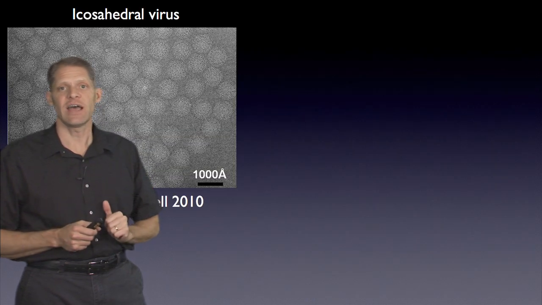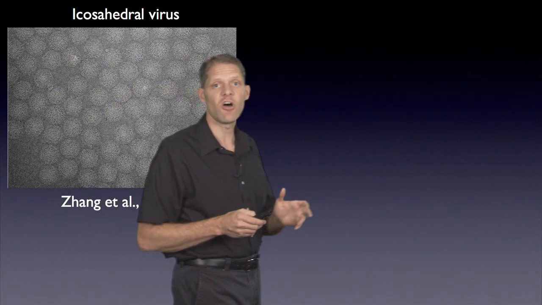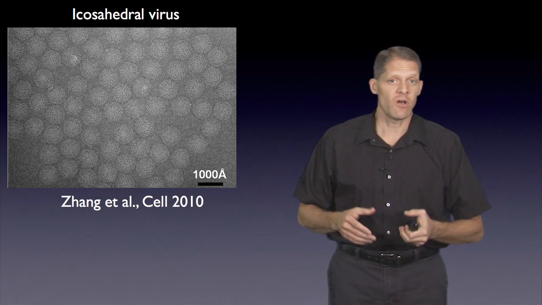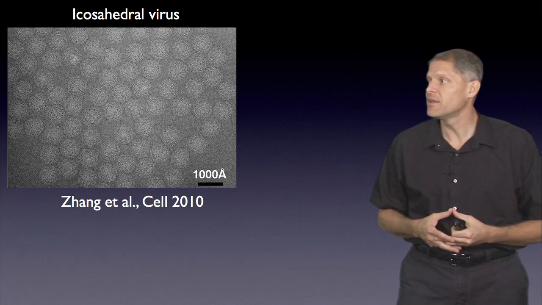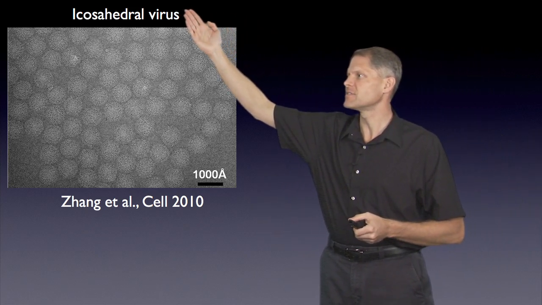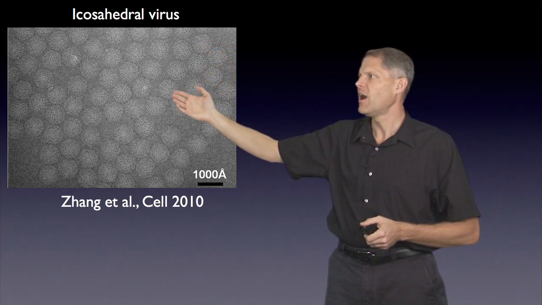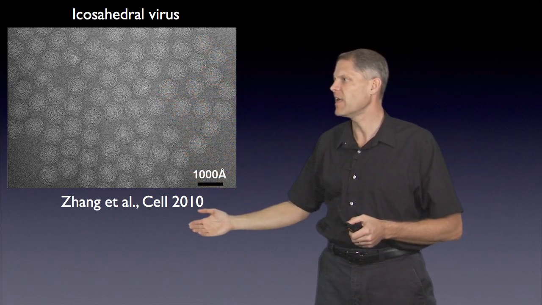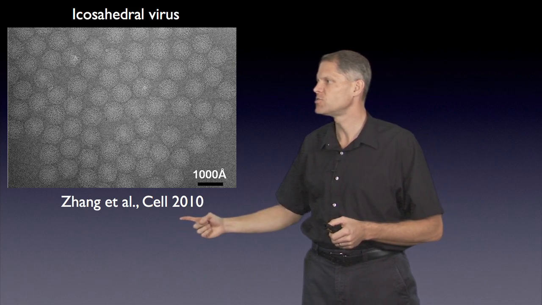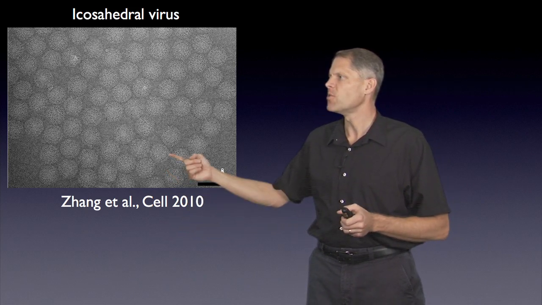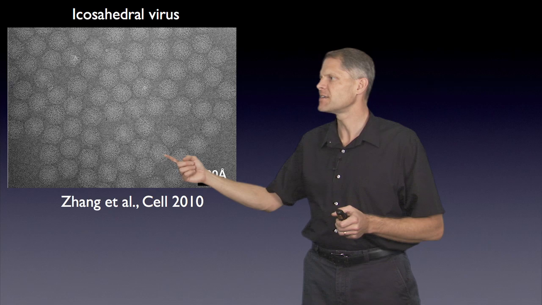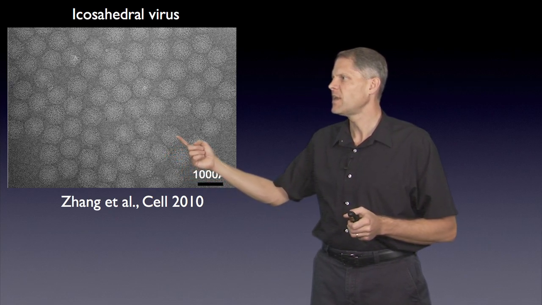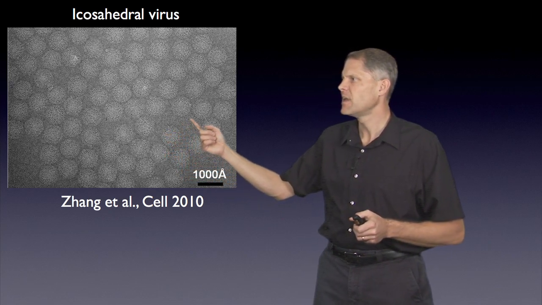Now, single particle analysis can be done with objects large and small. So one of the largest objects that it's been done on are icosahedral viruses. This is a picture of a reovirus particle recorded in Hong Zhao's lab at UCLA and published here in this 2010 Cell paper. So each of these is an icosahedral virus. That's one. Here's another icosahedral virus.